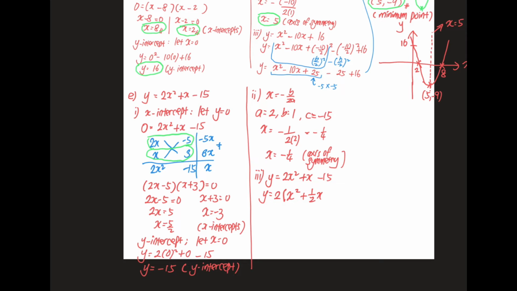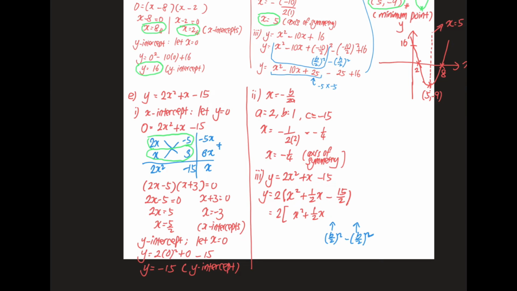For the third term, it is up to you. You can factorize 2, or if you don't want to, it's just fine. Let's say I factorize 2 as well. Now I can start adding two terms, which are b over 2 squared and minus b over 2 squared. The first two terms we write back: x squared plus half x.